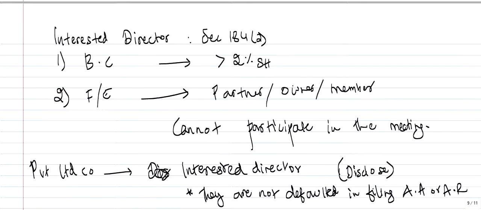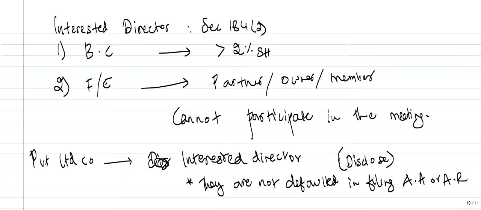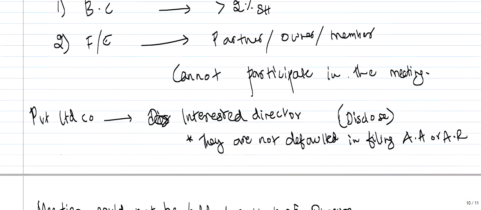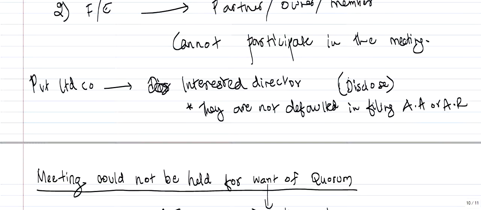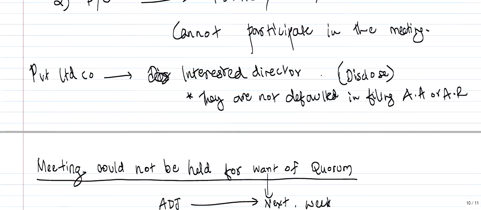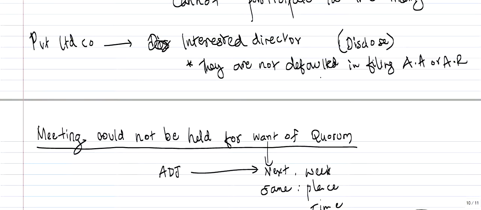In case of a firm or entity, a partner, owner or member cannot participate in the meeting. In case of a private limited company, an interested director can participate after disclosing his interest, provided they have not defaulted in filing annual accounts or annual returns.